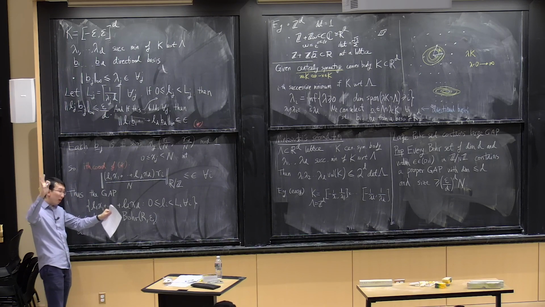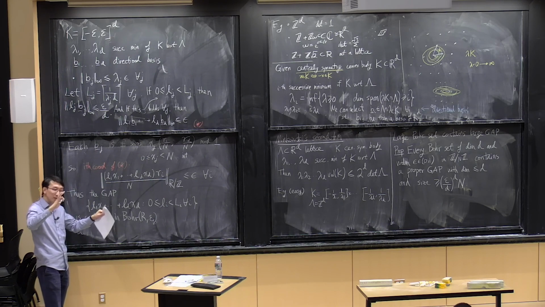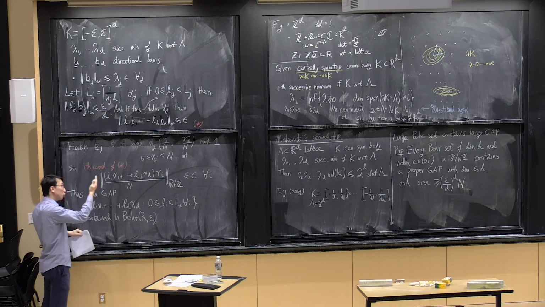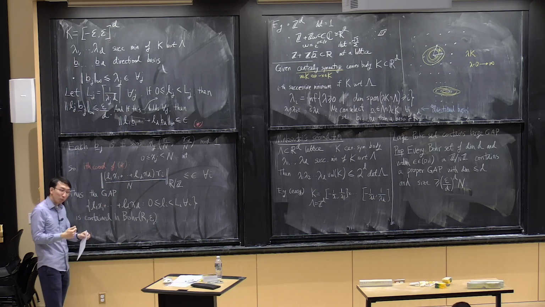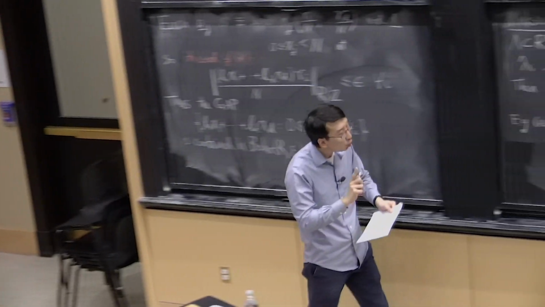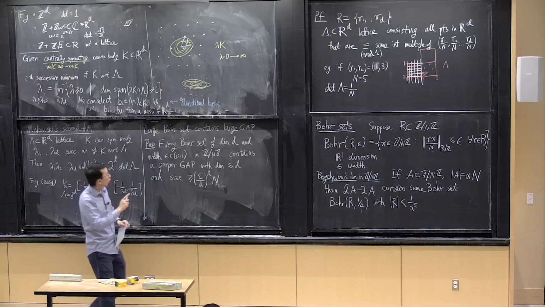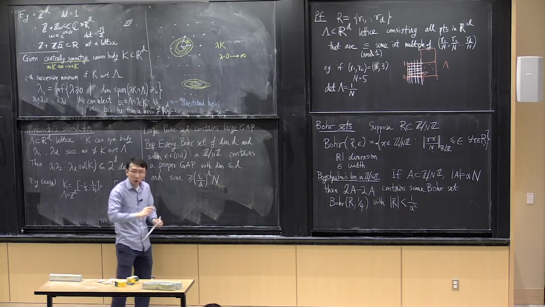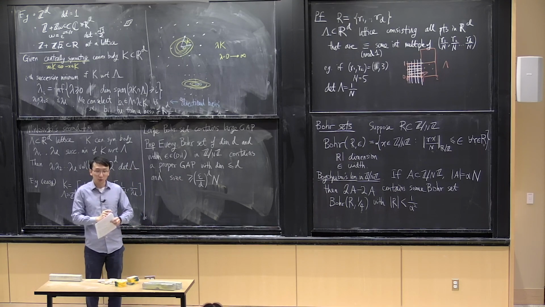So we found a large structure in the lattice, but the lattice came from this construction which was directly motivated by the Bohr set, so we find a large GAP in the Bohr set. Well, we haven't shown yet it is large or that it is proper, so we need to check those two things.